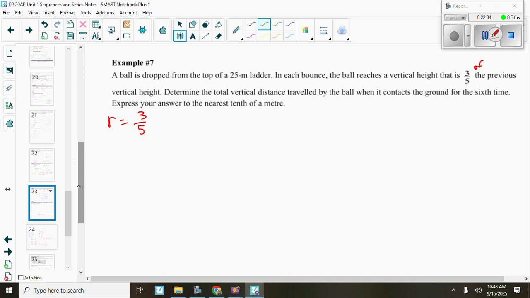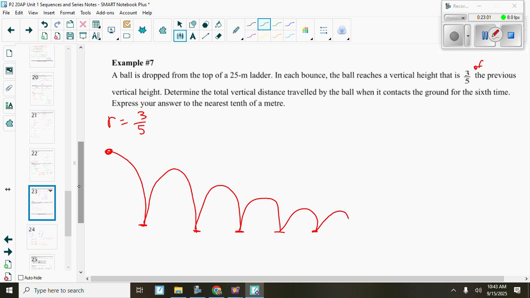I'm really going to stress this: draw it out. You have a ball, and I know the ball is probably bouncing vertically, but I'm going to draw it with a little bit of horizontal distance as well. So the ball drops, and it bounces, 3 times, 4, 5, it gets smaller, 6.